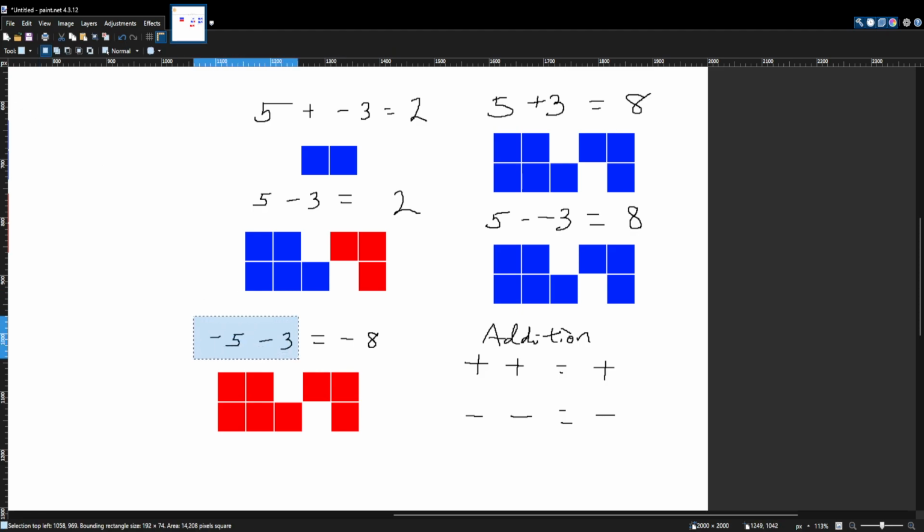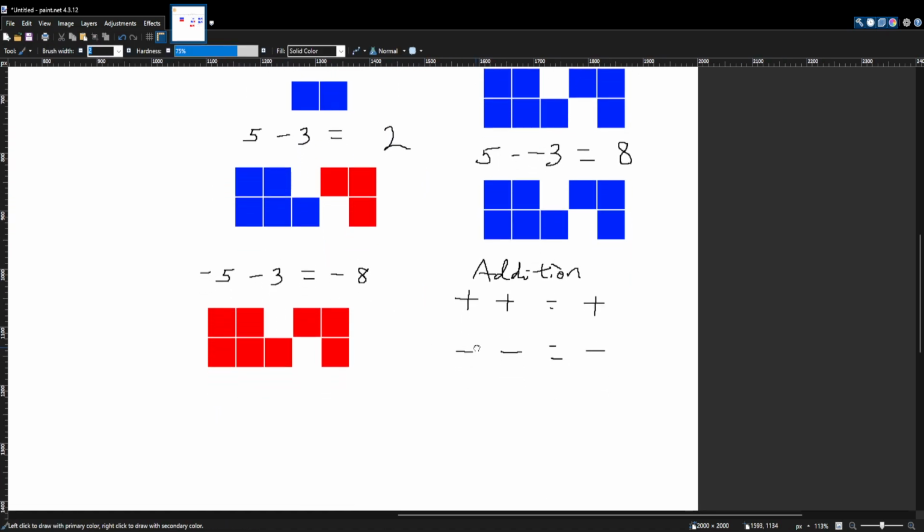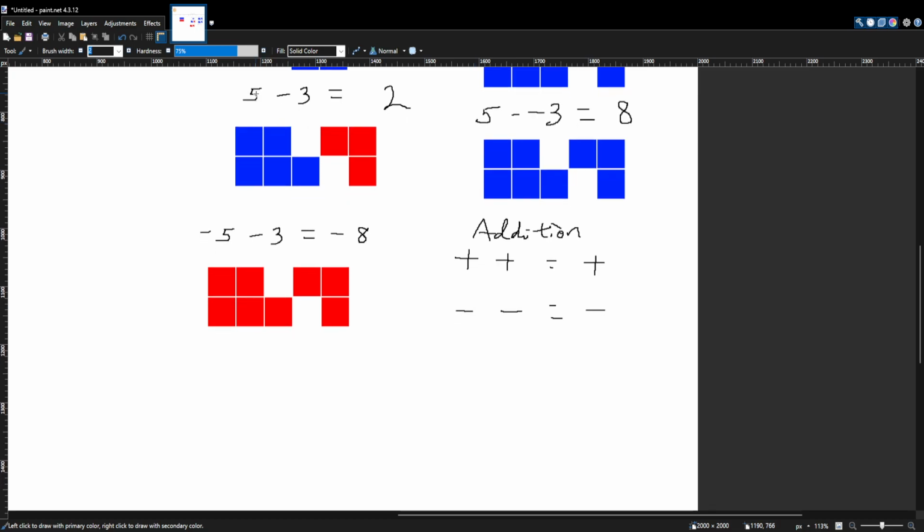So when I'm adding two negative values together, I'm going to get a negative result because I'm still adding. It's when I take a positive value and a negative value that I'm going to get subtraction. Notice +5 and -3 gives me 2, and so that is subtraction.